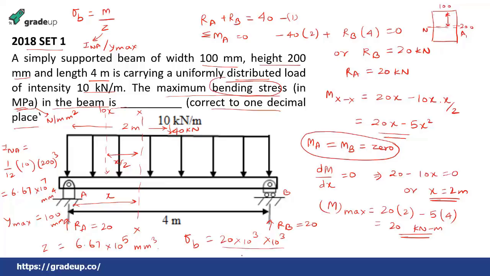Divided by 6.67 into 10 to the power 5, you will get 30 Newton per mm square or 30 megapascal. So the correct answer here is 30, correct to one decimal place, so you can write it as 30.0. Or 30 is also the correct answer.